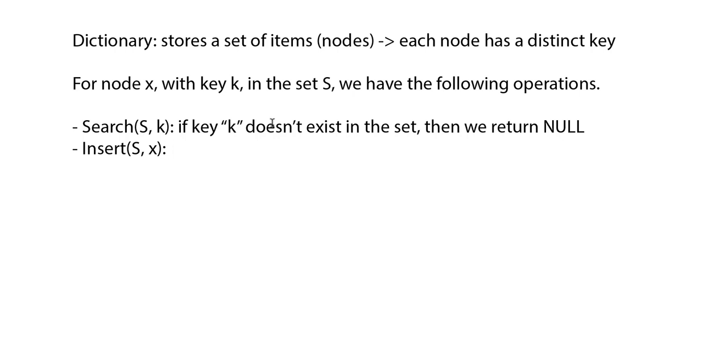So in case we have the same key, we replace the old node with this new node X. The new node X overwrites the old node, and it becomes the only node with that key within this set S.